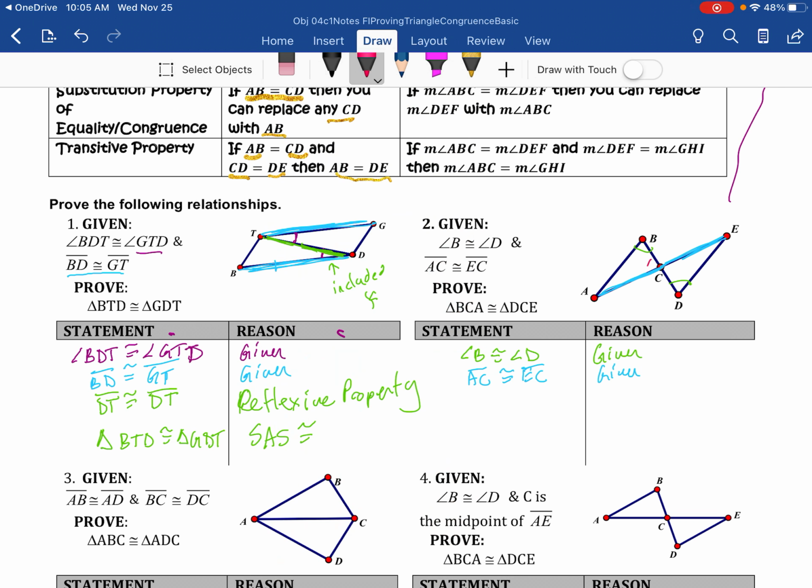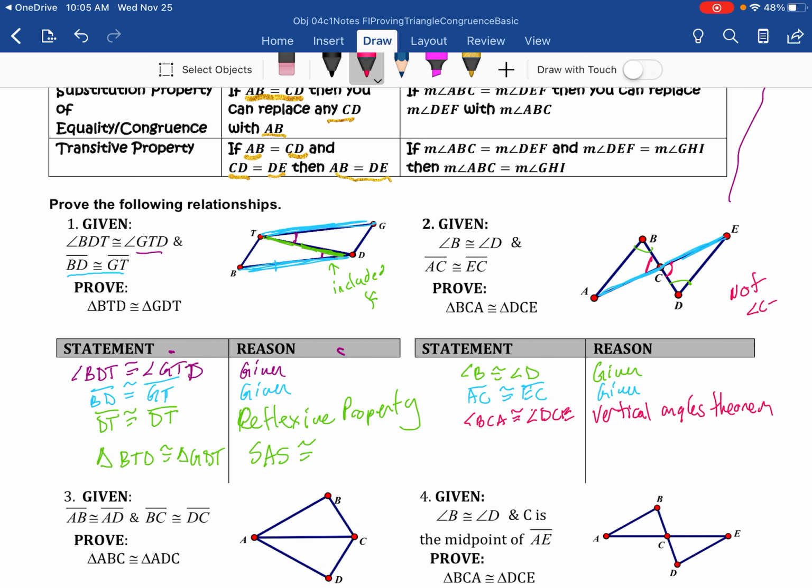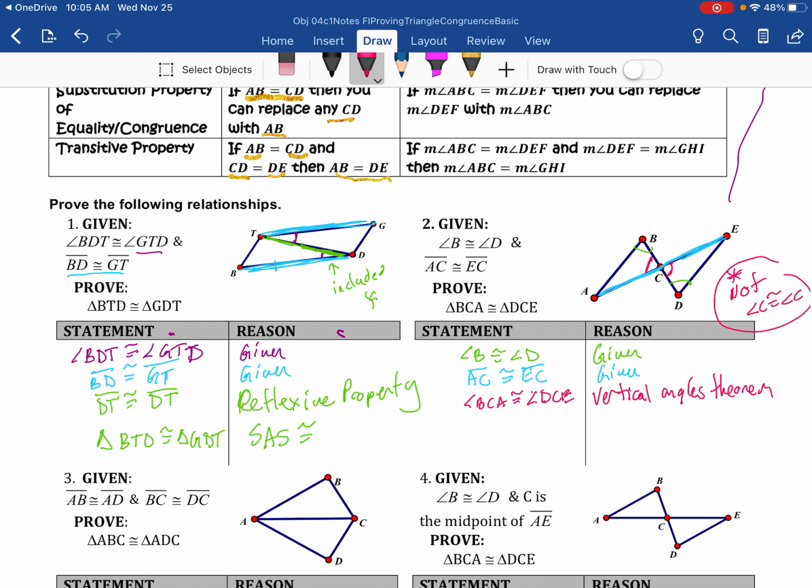You have to be really careful with this. I know angle BCA must be congruent to angle DCE, and that's called the vertical angles theorem. You cannot say angle C is congruent to angle C. It is not that, because there are too many angles in that spot.